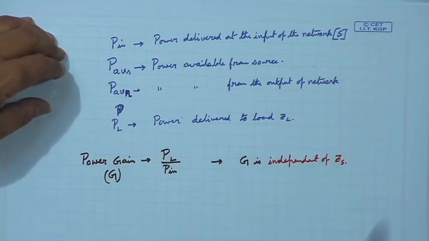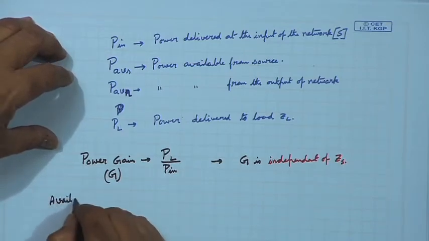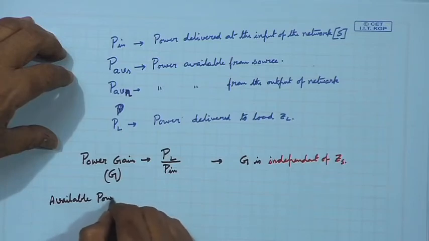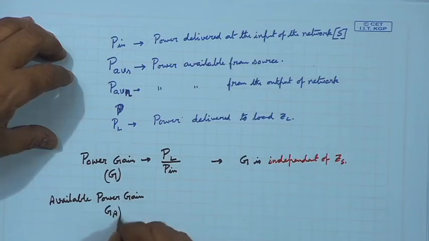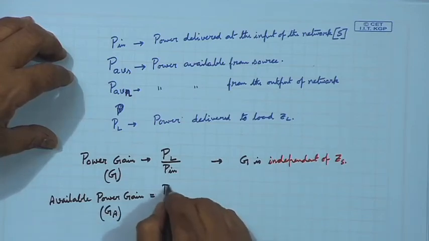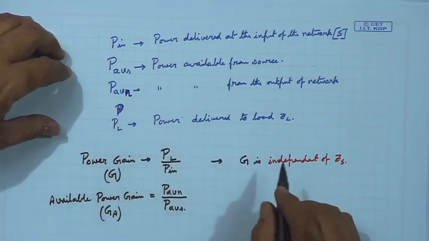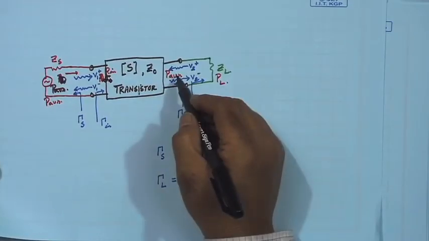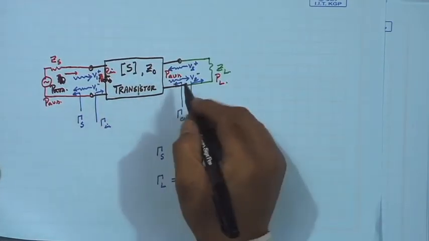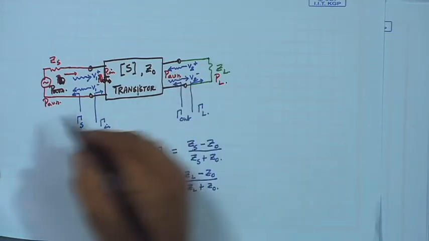Similarly, the next one is called available power gain, generally denoted as G_A, and this is P_AVN by P_AVS. Here I am considering power available here divided by this power.